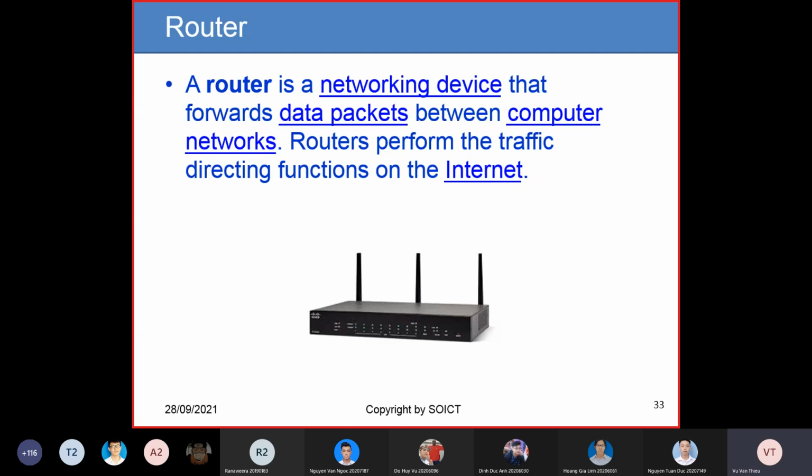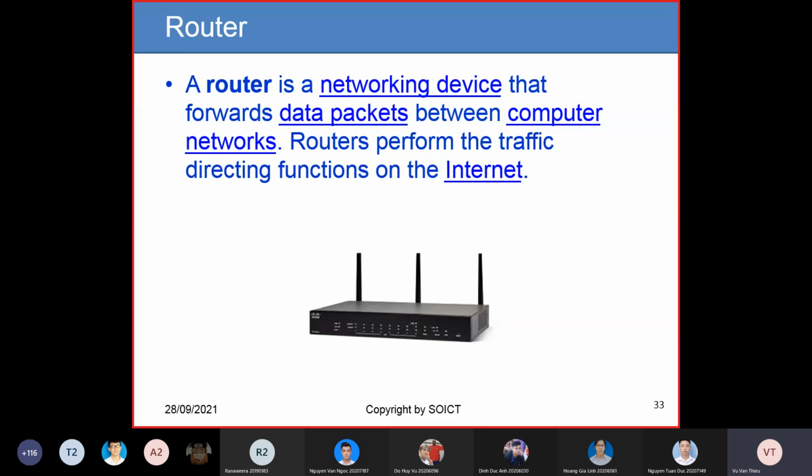The router will know that address and forward it to the address in the USA. That is the role of the router. It is much the same as the gateway I talked about already.